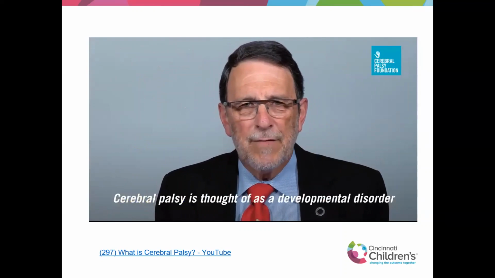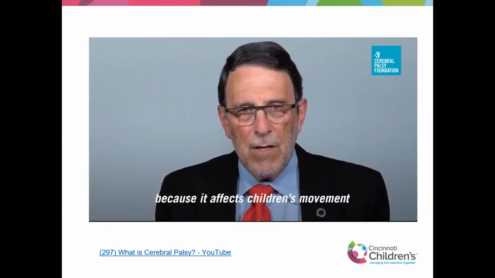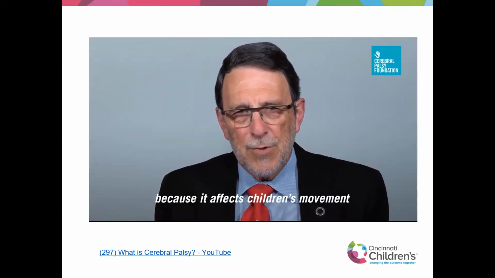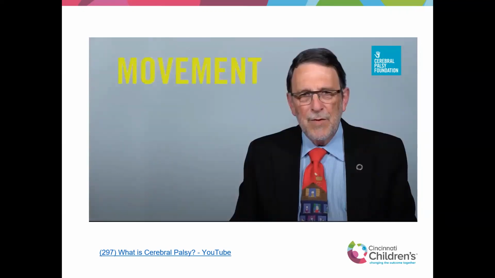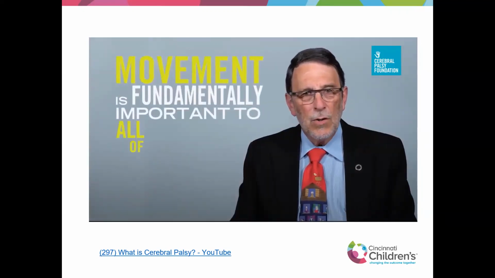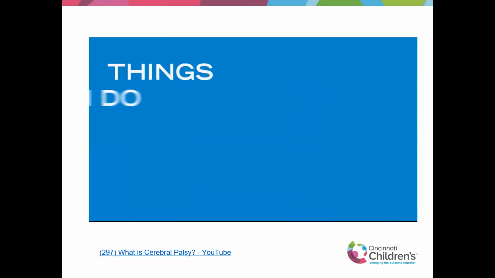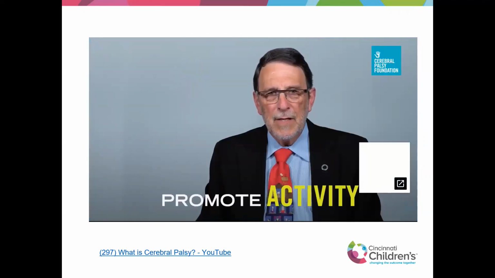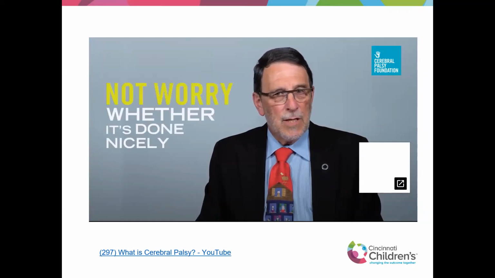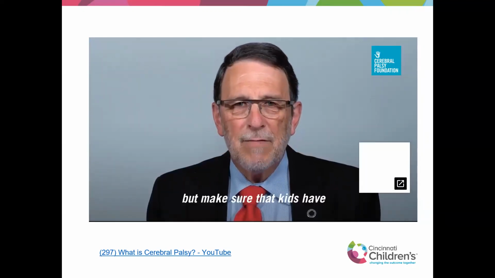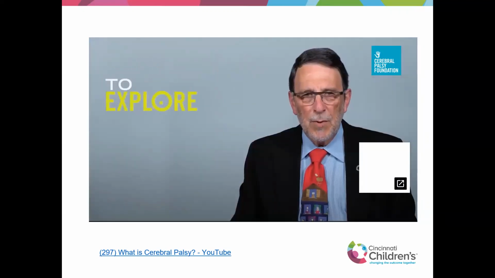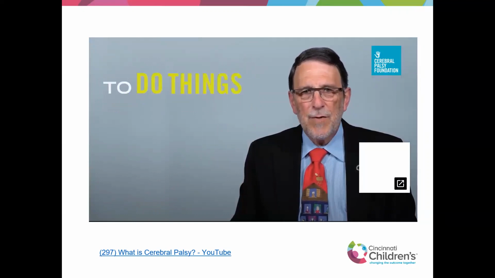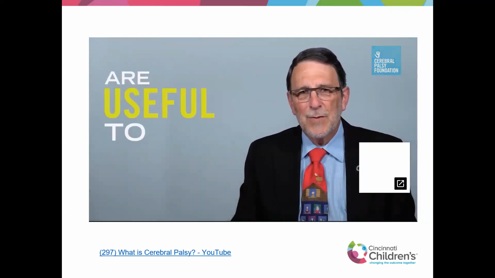Cerebral palsy is thought of as a developmental disorder because it affects children's movement, and movement is fundamentally important to all of learning. The things we can do to help parents and help kids are to promote activity, not worry about whether it's done nicely, but make sure that kids have lots of opportunities to explore, to experience, to do things in whatever ways are useful to them.